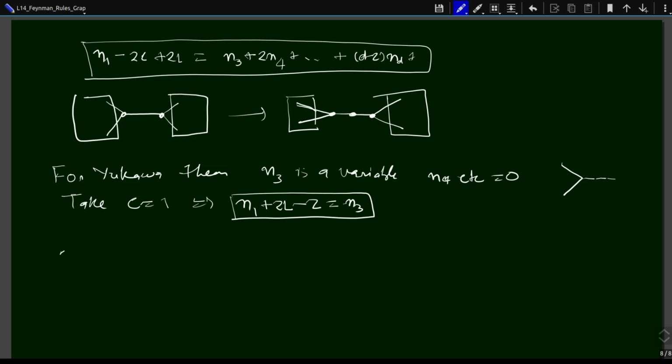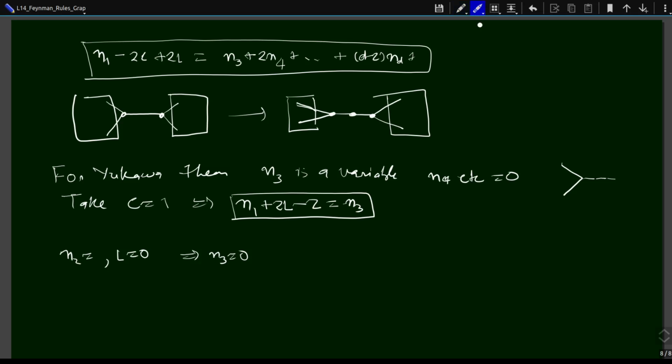So if I have n1 and L, I find that gives me the value of n3. So n1 is 2, and L is equal to 0.